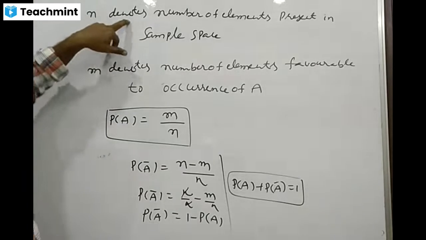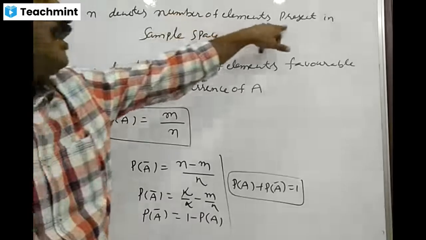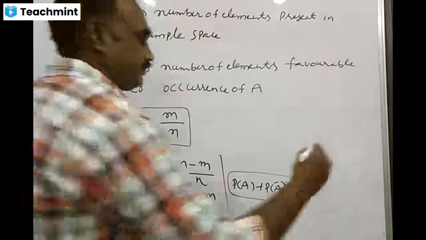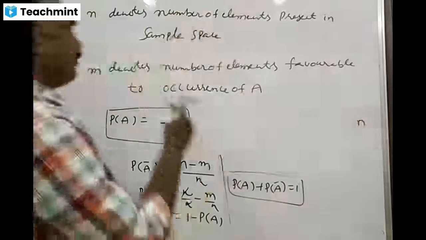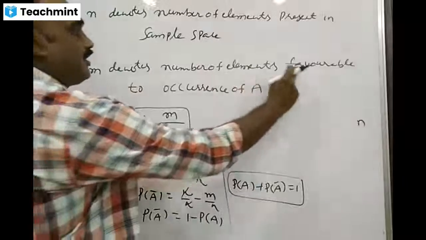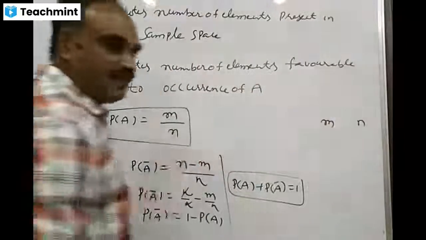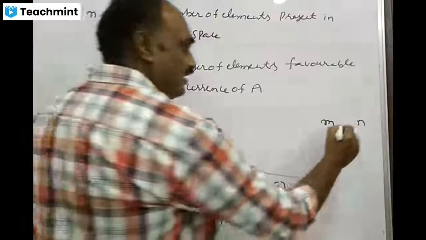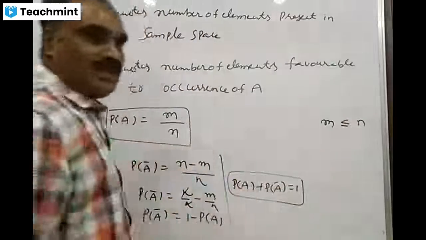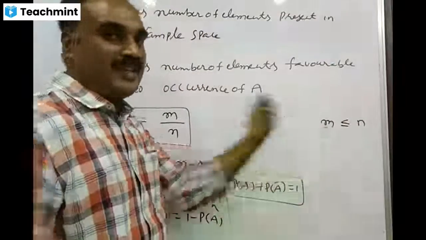So here N denotes the number of elements present in the sample space. M denotes the number of elements favorable to the occurrence of A. Friends, M is always less than or equal to N. Next, M is always greater than or equal to 0.